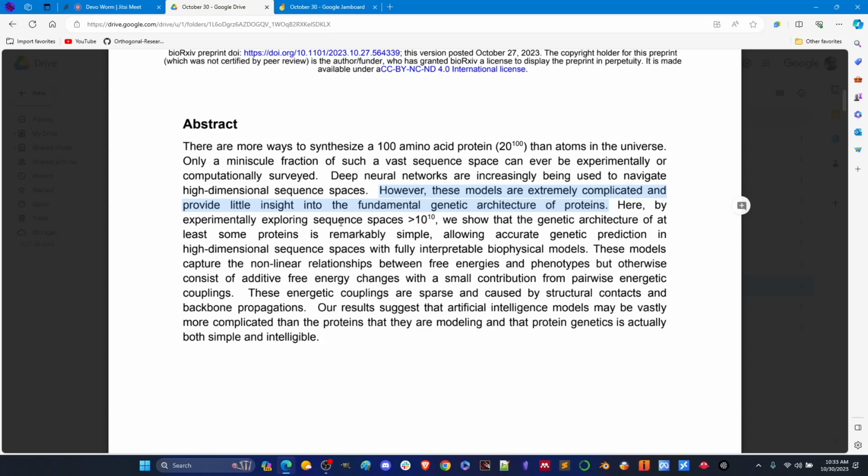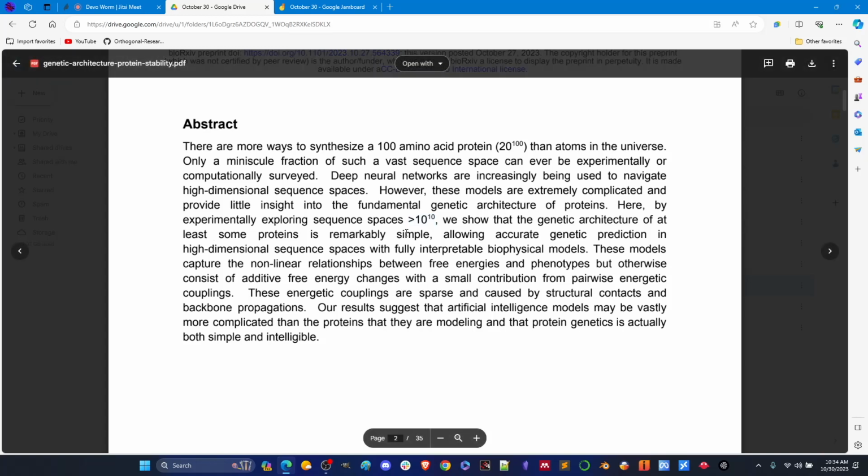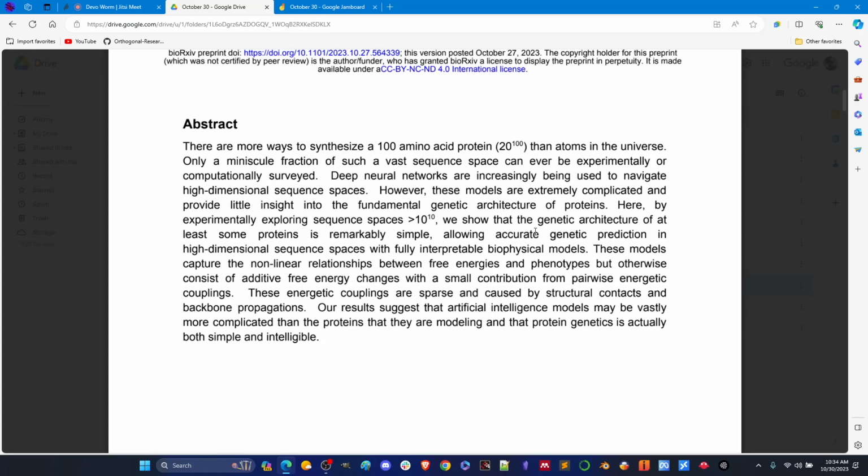Here, by experimentally exploring sequence spaces that are larger than 10 to the 10th, which is quite a large sequence space, we show that the genetic architecture of at least some proteins is remarkably simple. So we're talking about this very large sequence space, a lot of possible sequences.